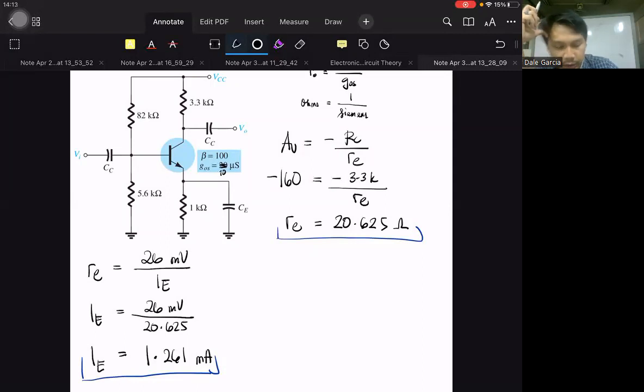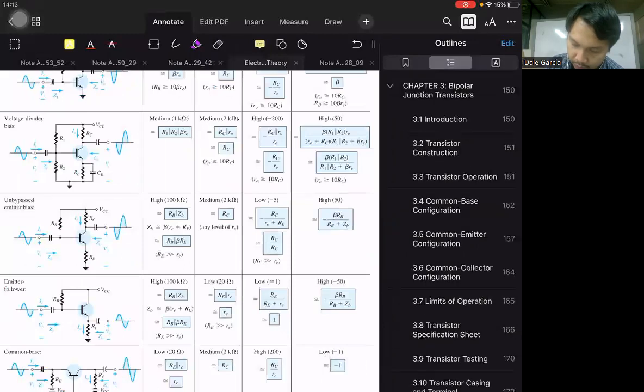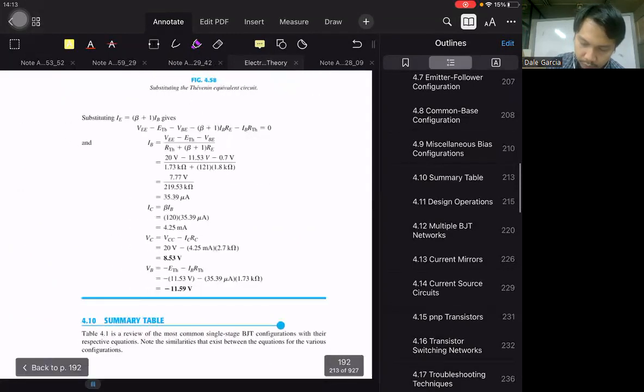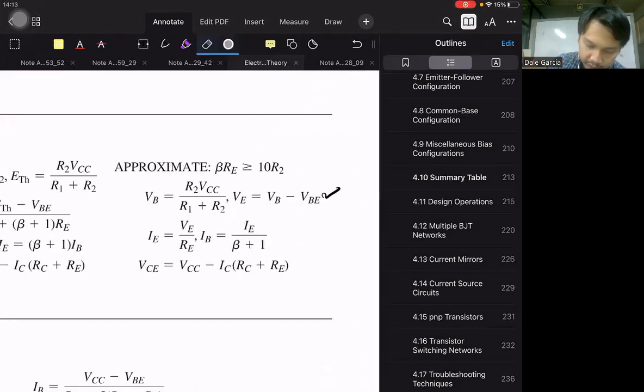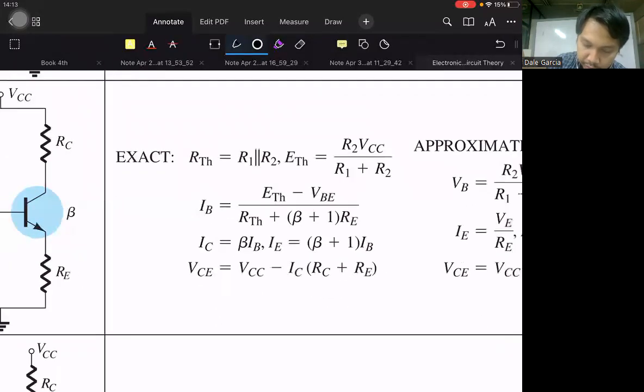So, let's slide down. So to use the exact, di natin mag-satisfy condition. If dili mag-work, then we'll use later the approximate. So let's use this one. ETH minus VBE, RTH, beta plus 1 RE. Given mo sa tanan.